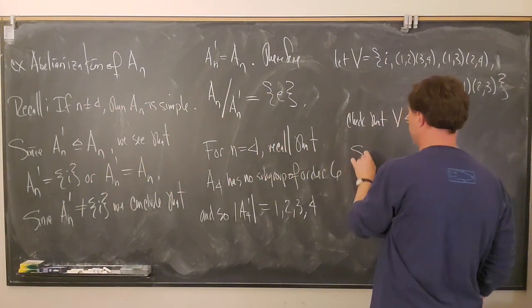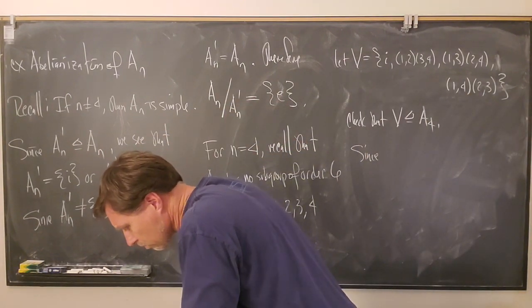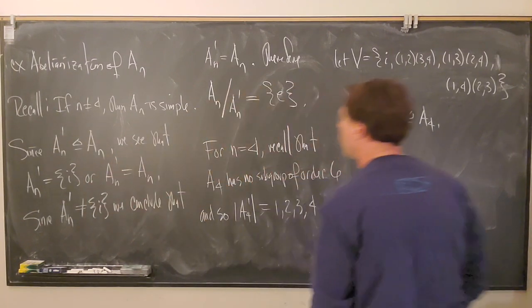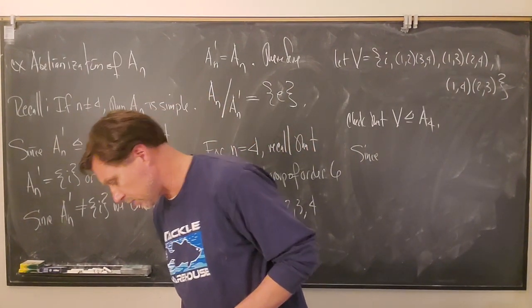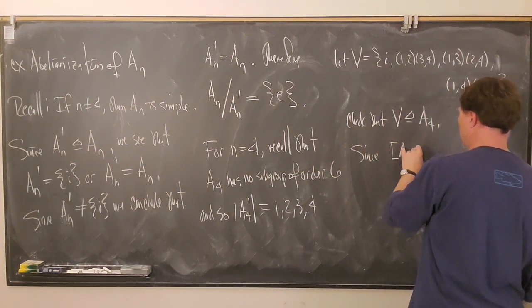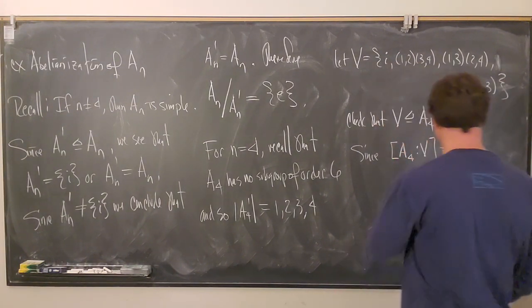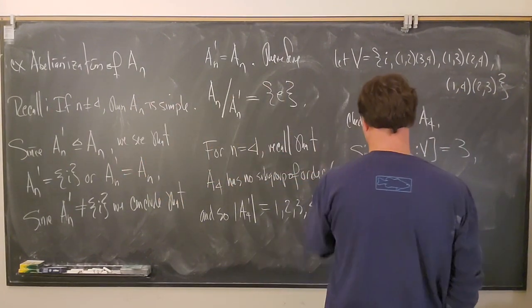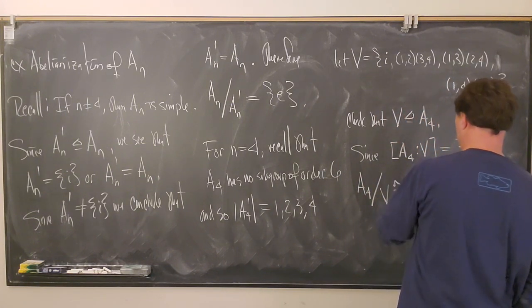Now since the index of V in A4 is equal to 3, A4 mod V is isomorphic to Z3, right?